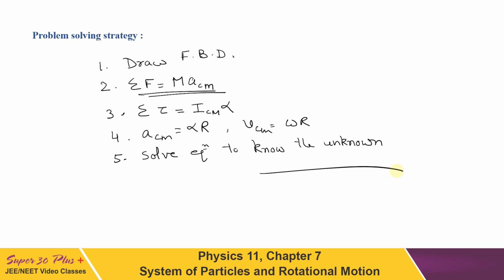You have to consider it as pure rotation about the instantaneous center of rotation, or rotation about the center of mass plus translation of the center of mass, whichever is convenient in a given problem. We will apply that based on the situation. So let's wait for the next session where we will solve many examples from this chapter. Till now, goodbye.